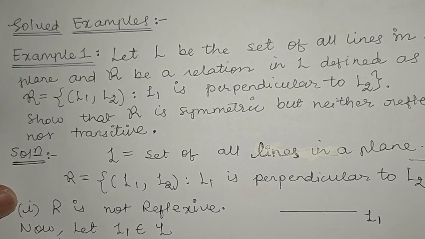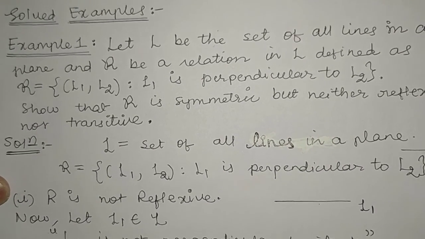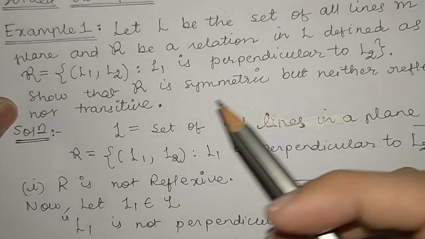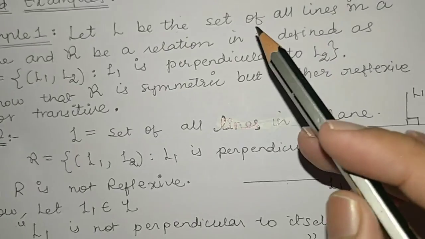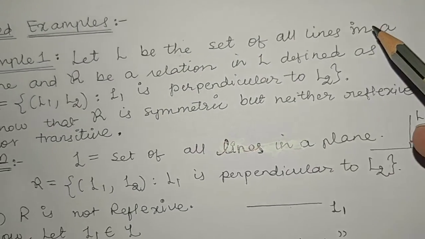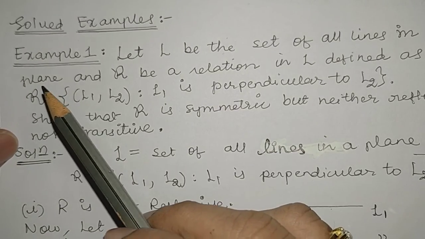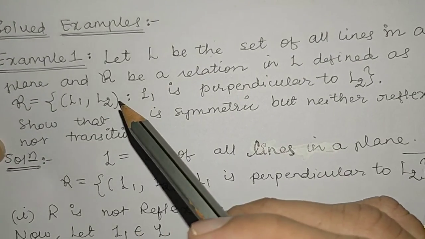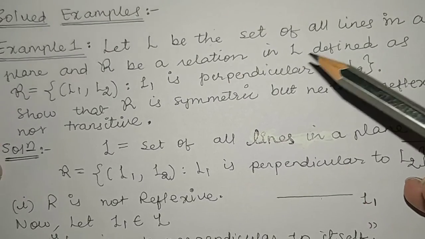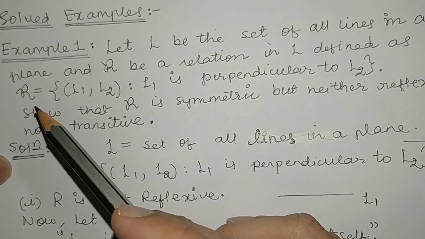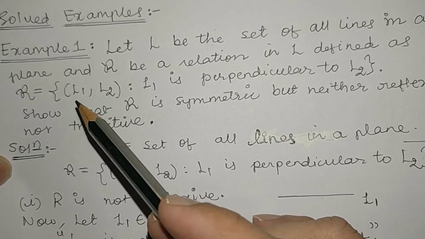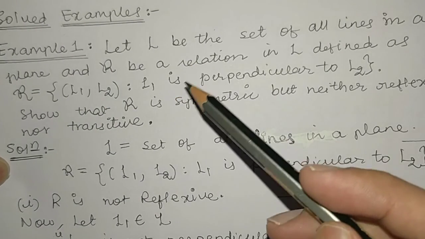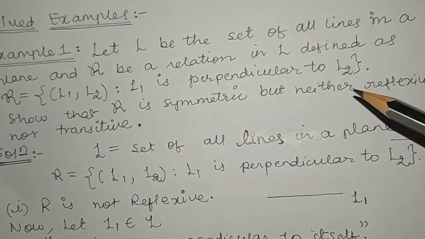Now let us look at some solved examples. So example 1. Let L be the set of all lines in a plane, and R be a relation in L defined as the set R equal to the set of elements (L1, L2) such that L1 is perpendicular to L2.